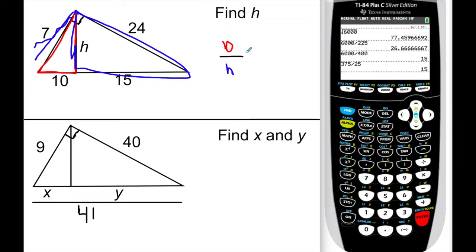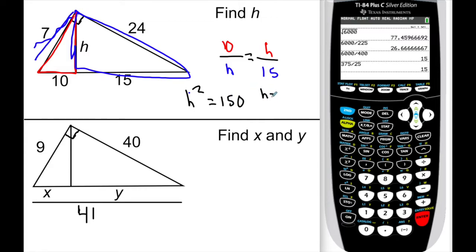Then, for the other triangle, h is the base of that triangle, the bottom, and 15 is the bottom of the other triangle. So I multiply through, and I do the cross: h squared equals 150.